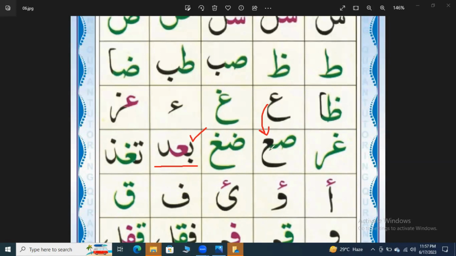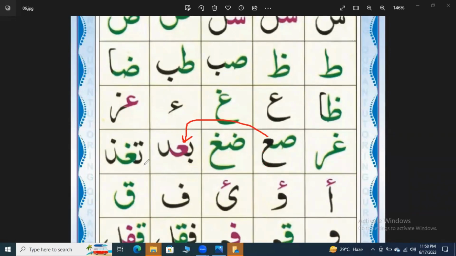So you can see that this sign is not taken and written here as it is. Only one thing has happened to this sign, that this part is cut. Only this upper part is taken and written here. So the first one is Ba, and the next one is Ain, and this one is Dal. So Ba, Ain, Dal.